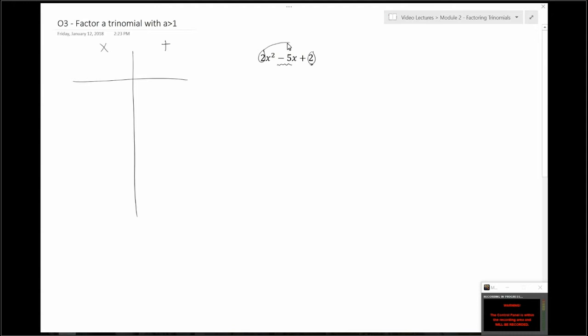Except this time, we want to find two numbers that multiply to be the product of the first coefficient and last coefficient, in this case 4, and add to be the middle coefficient, in this case negative 5. So we'll do the same thing as last time. If I have two numbers that are multiplying to be positive and adding to be negative, I know they're both negative, and so I'll list them.